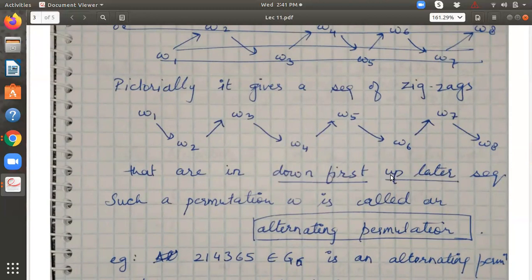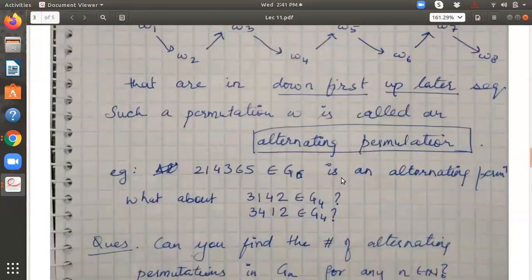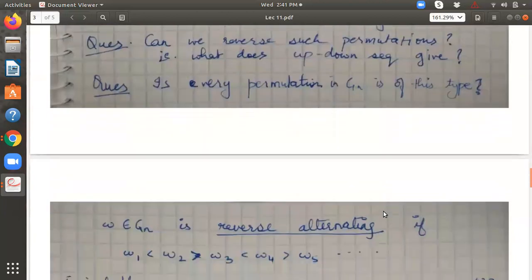And therefore what I'm saying as up first, down later will be called up down. That is, you take up first and down later. So what does such a sequence give? And also, is every permutation of Gn one of this type? These are the questions we will see now.